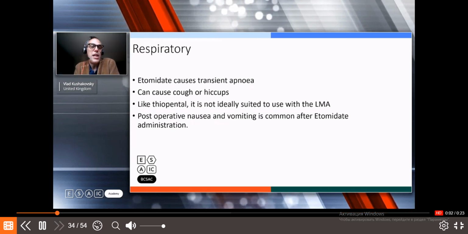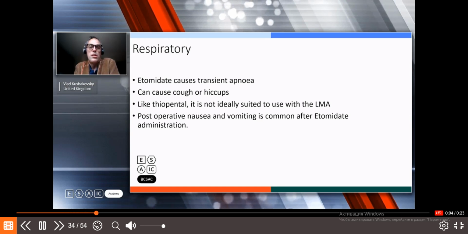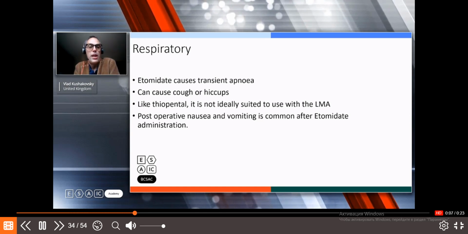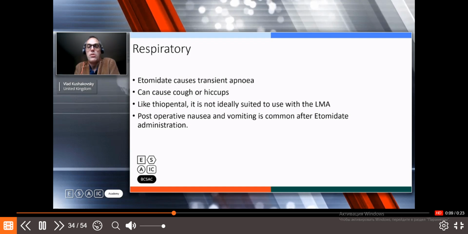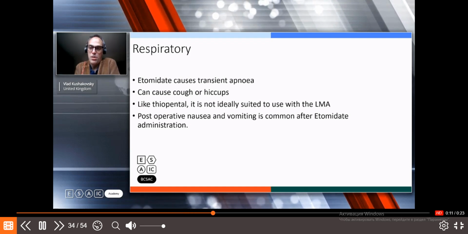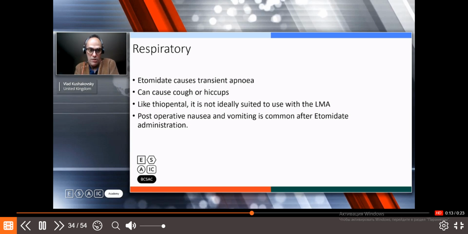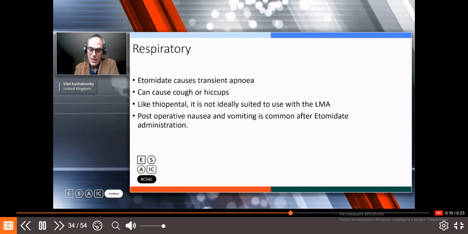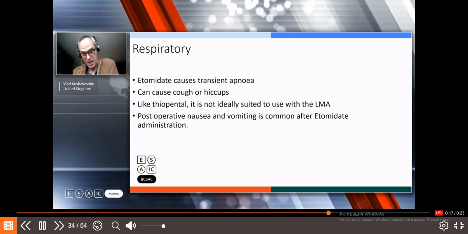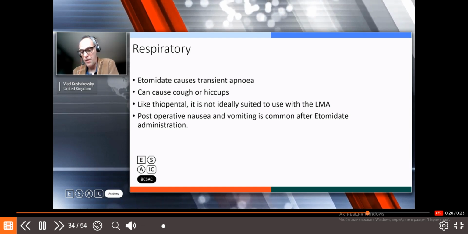So respiratory effects: it causes transient apnea, it can cause cough or hiccups. Like thiopentone, it is not ideally suited to use with an LMA because laryngeal reflexes are relatively preserved. Postoperative nausea and vomiting after etomidate are very common.